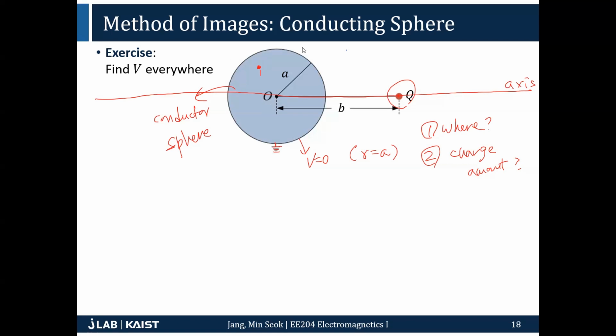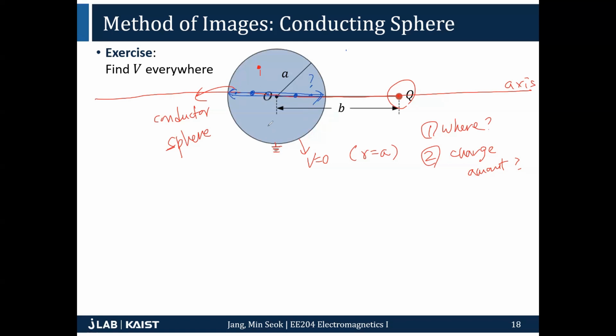So the image charge must be on this line, right? And another thing that we know is that the image charge should be within this conducting sphere. So where then? Where in this sphere?